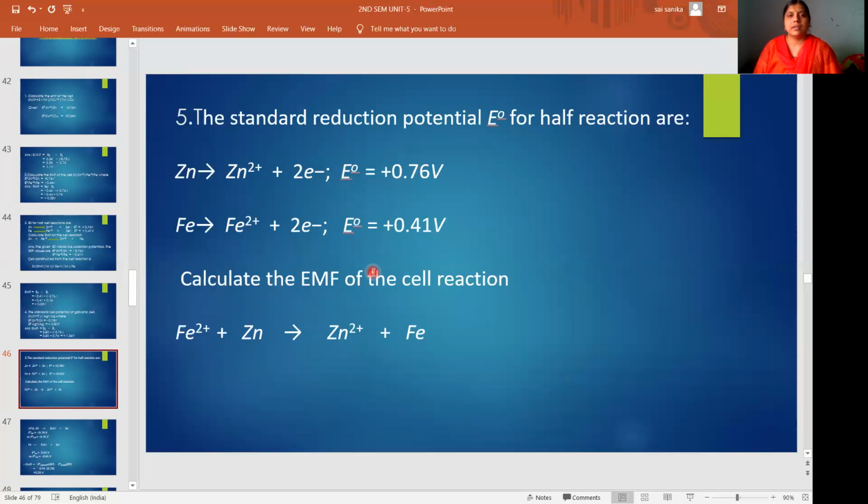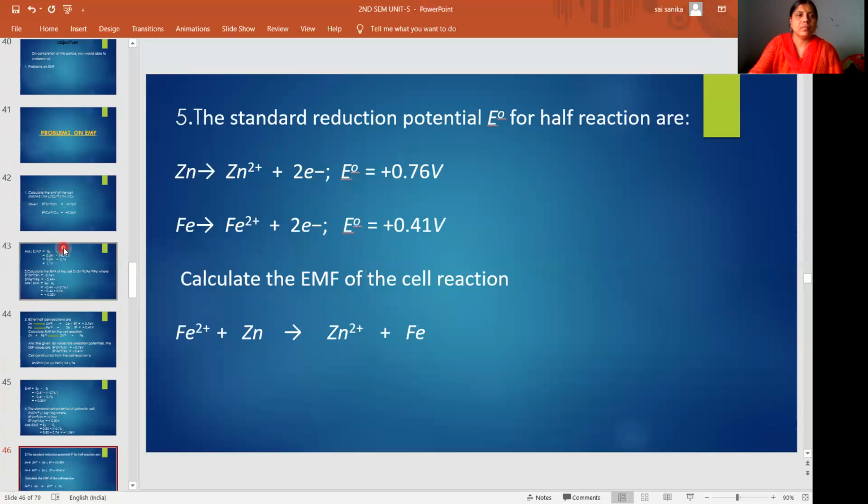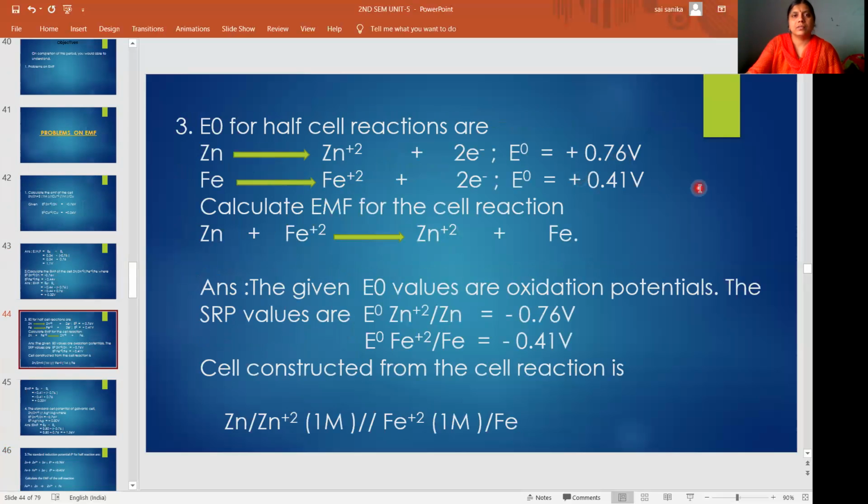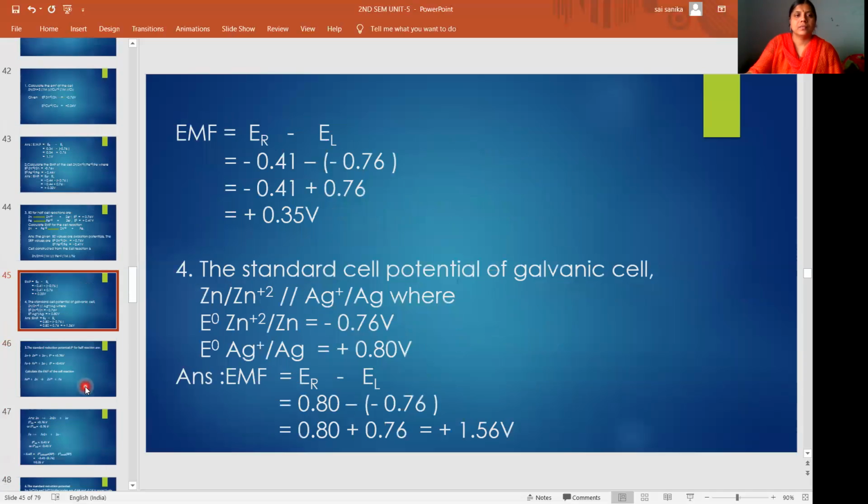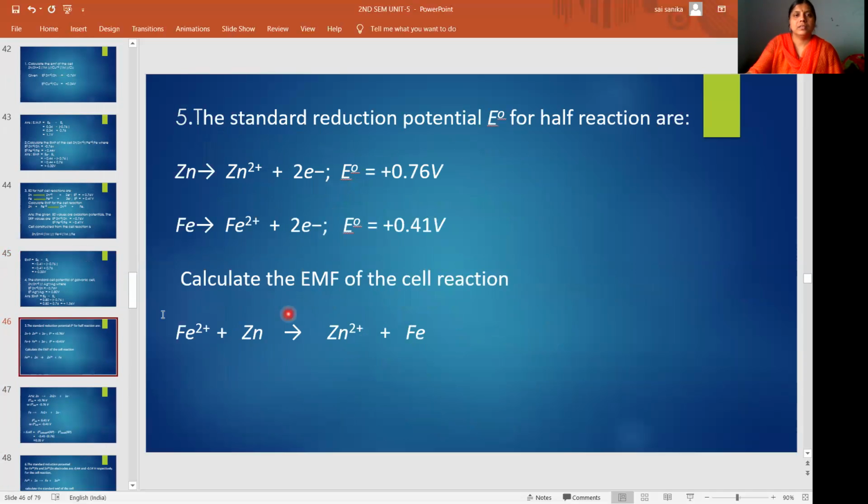And calculate the EMF of the cell. Same as this problem, we calculated, no? So once again repeated. So here oxidation potentials are given. Okay. Then the cell reaction, and he asked to calculate the EMF of the cell.